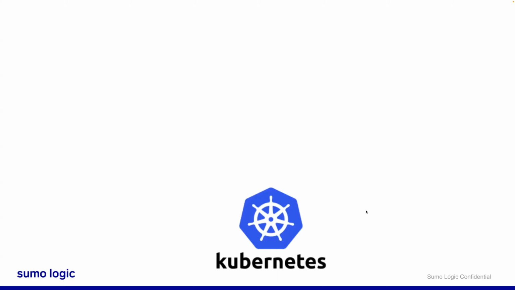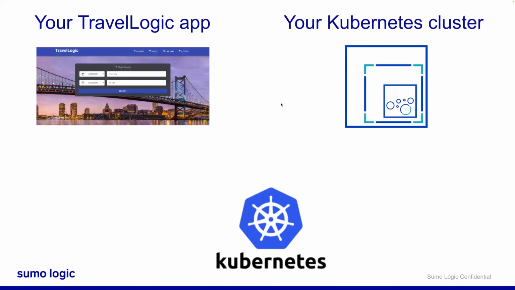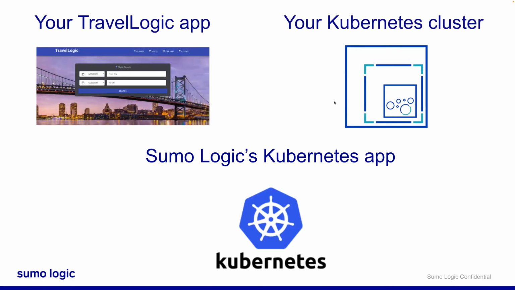So in regards to apps, there's a few different apps that we're talking about. There's the apps that the company runs, such as Travelogic up here. Sorry, I just wanted to get it fully loaded. So once again, we have the Travelogic app on the top left of the screen, which is the app that the customers use to actually book their vacation.